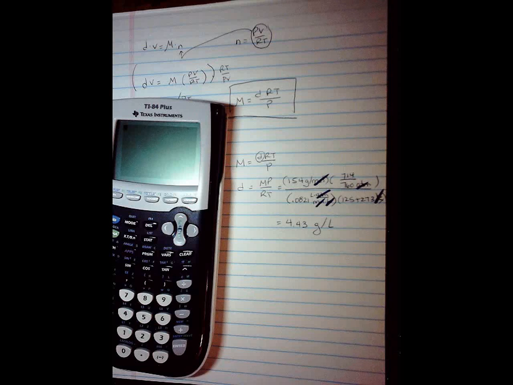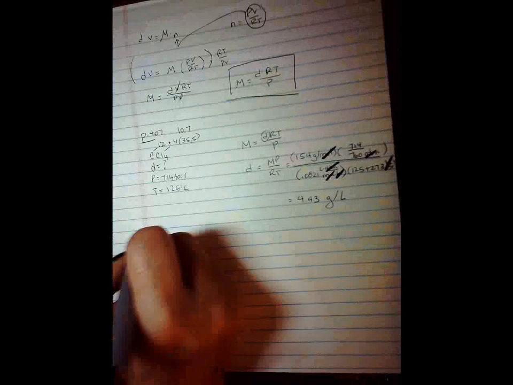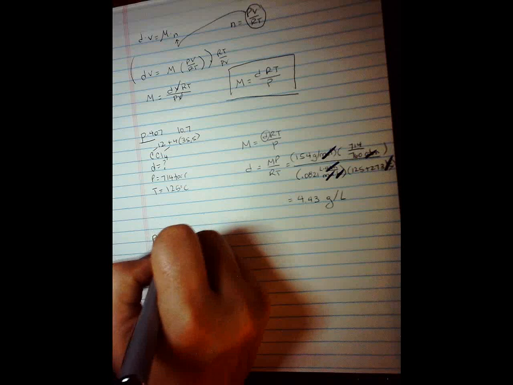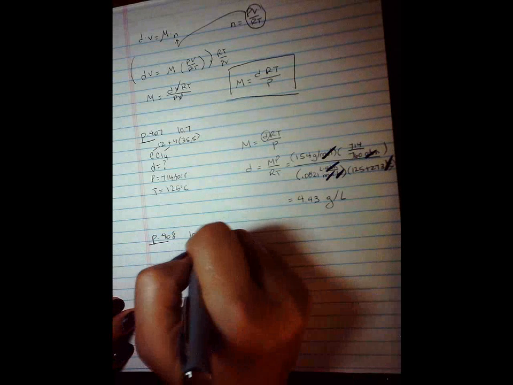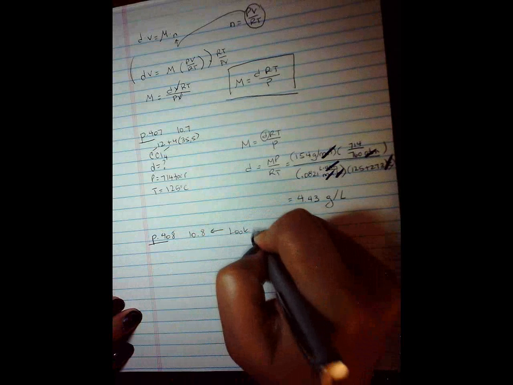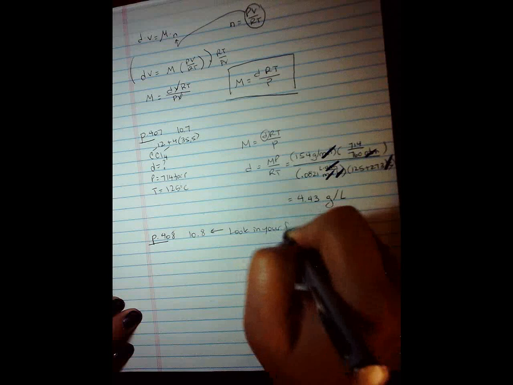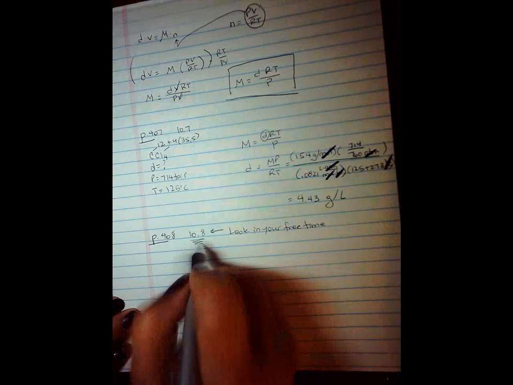Okay, let's go to the next page, page 408. And I'm not going to do sample exercise 10.8, but I'm going to urge you to look at this in your free time. This is what your lab is going to look like.